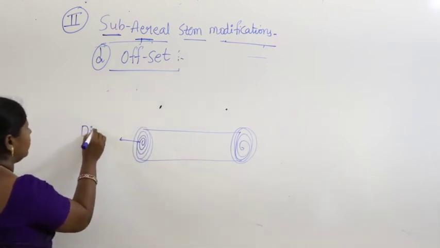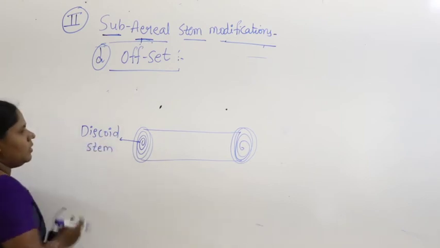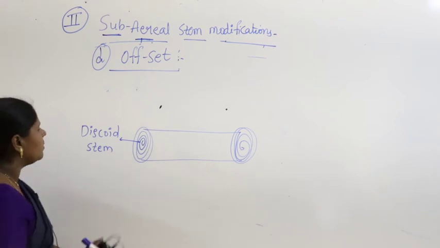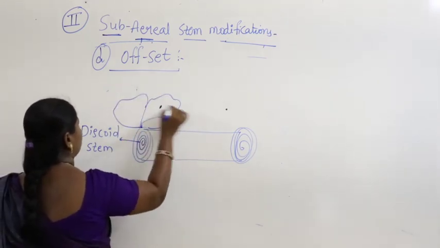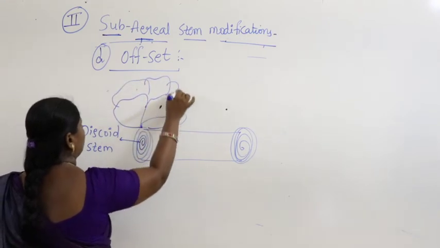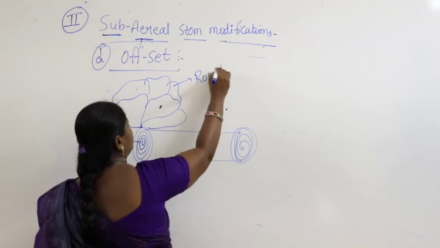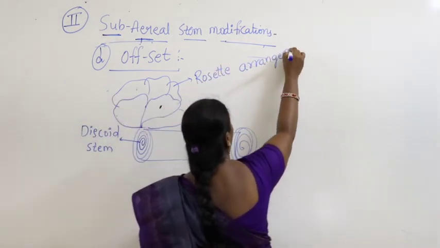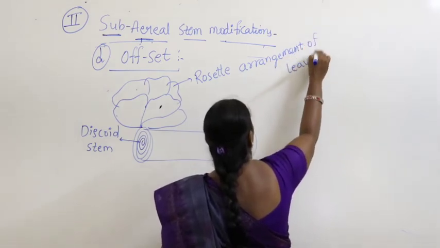Even in this case you find a discoid stem, with formation of, here you can see a rosette arrangement of leaves.